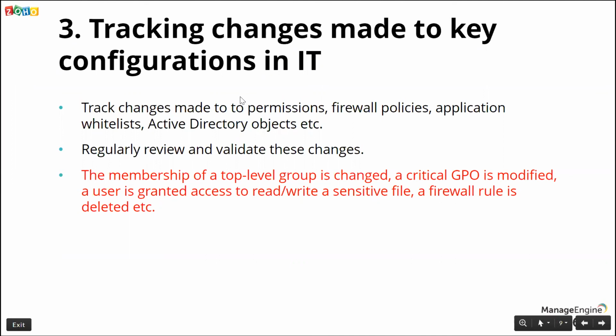So it becomes very hard to really know that something is amiss or something unusual is happening. So it's better to track and validate changes then and there, and to have reports generated that tell you what the latest changes are that have happened in your Active Directory or your firewall.